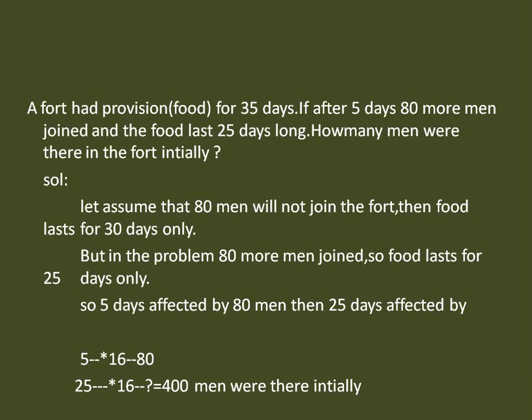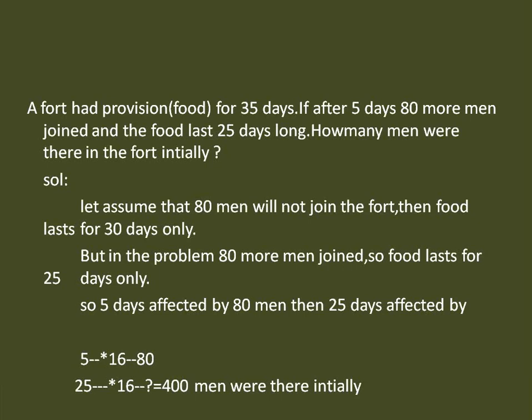If after 5 days, so 5 days have completed, 80 more men join and the food lasts 25 days long. Due to 80 more men joining, the food lasts 25 days long.